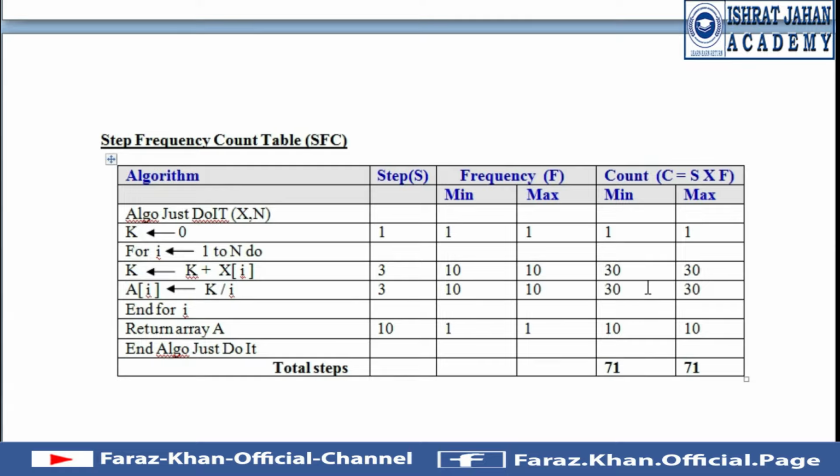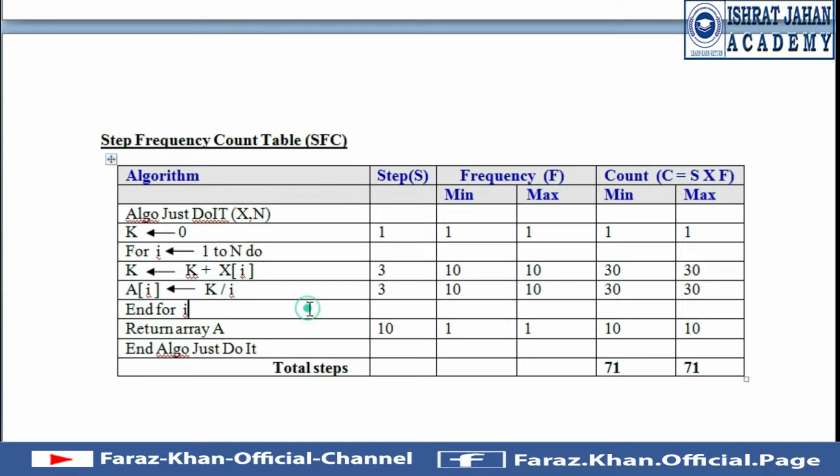This step is 10 because I'm not going to compare, I'm not going to find the largest or smallest, I'm just printing the value. So it will take 10 in minimum and 10 in maximum. Remember, every algorithm is different, so you cannot apply the logic of a previous algorithm to the next algorithm. Every algorithm has its own logic, okay?